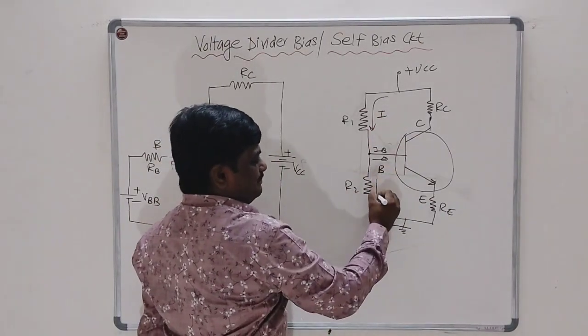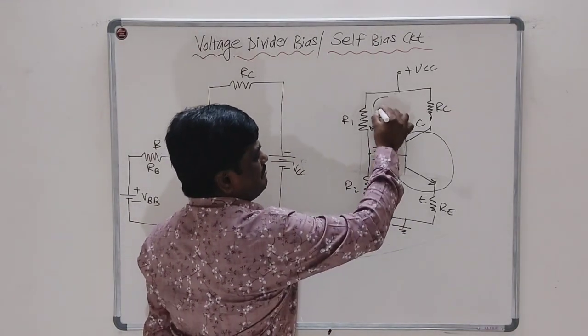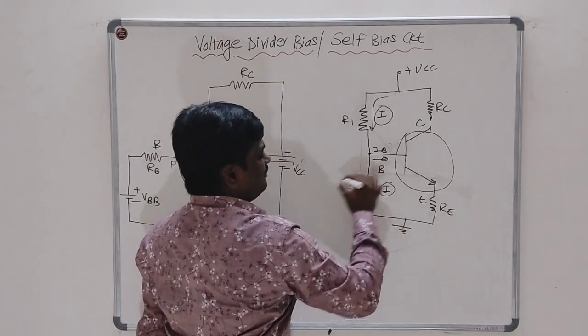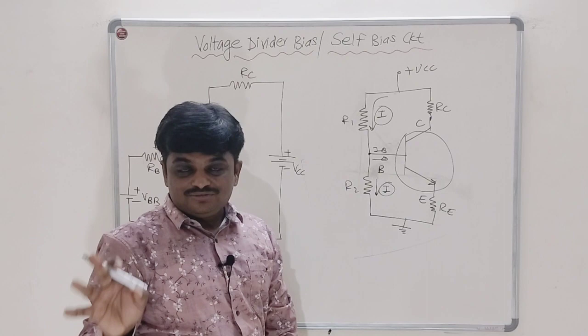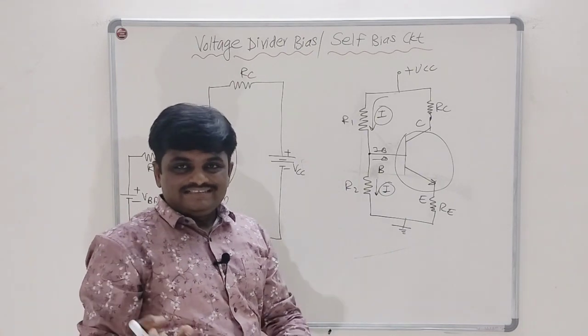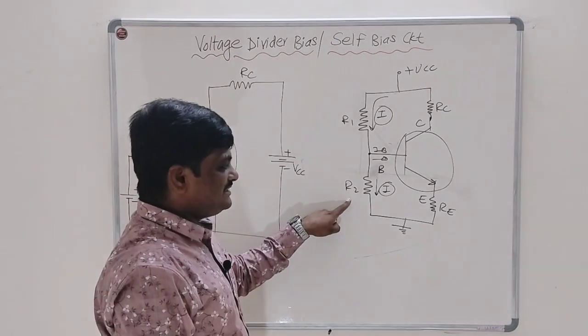Hence the remaining current flowing through R2 is the same as the current flowing through R1. So the currents through R1 and R2 are nearly equal, and if the current is the same, it is a series combination. Hence R1 and R2 are in series.